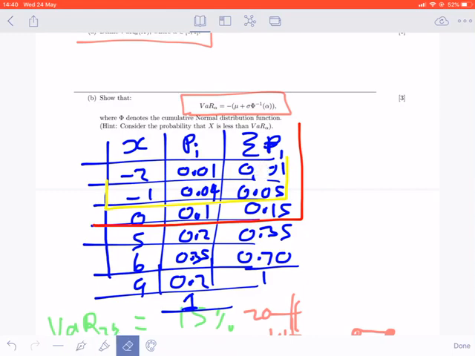So your VaR at a 2% significance level would be the maximum of these two, -2 or -1, which is -1. So your VaR would be 1. This is what you need to do when you are trying to find your VaR.